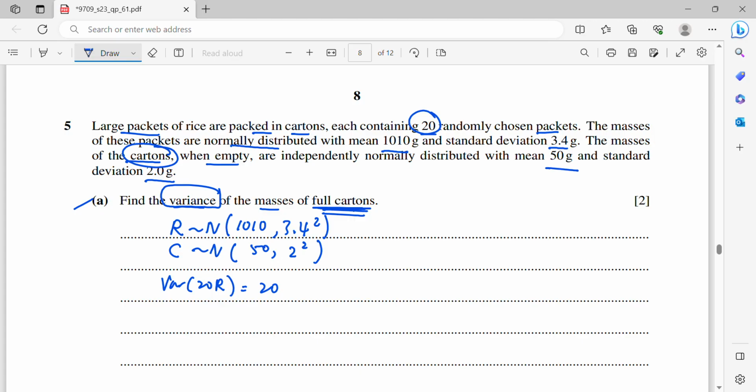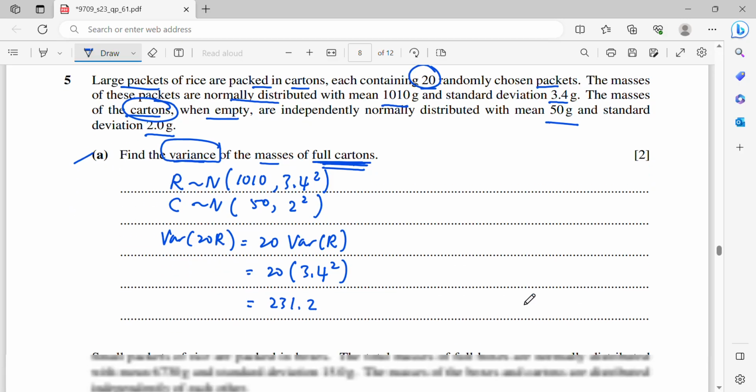It's a sum, so you just have 20 times the variance of R. We don't square it here. Square is for multiplication, a times. Now it is addition of 20 packets of rice. So I'll get 20 times 3.4 squared, which is 231.2. That is the variance for 20R.